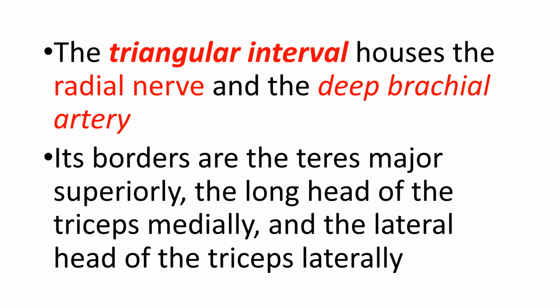Its borders are the teres major, superior, the long head of the triceps medially, and the lateral head of the triceps laterally. So know the boundaries of the quadrangular space and triangular space, and know what structures pass through them. This is important from the anatomical aspect.